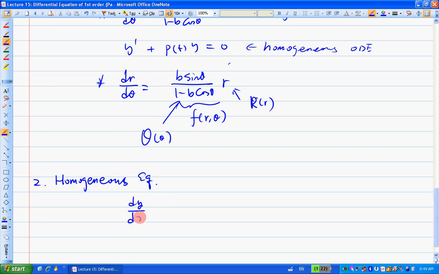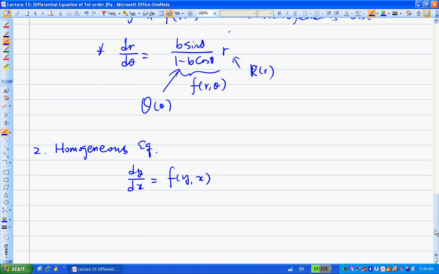Come back to the general format of a first order differential equation. So this is a general format, right? Now, for a certain situation, there is a property for this function f.